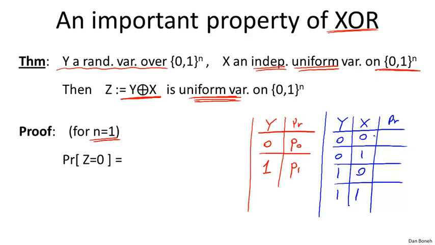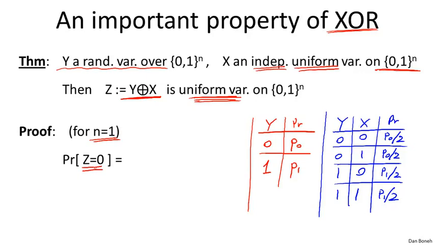So the probability that we get 0, 0 is exactly p0 over 2. Similarly, for 0, 1, we'll get p0 over 2. For 1, 0, we'll get p1 over 2. And for 1, 1, the probability that y is equal to 1 and x is equal to 1 is p1 times the probability that x is equal to 1, which is 1/2. So it's p1 over 2. Those are the 4 probabilities for the various options for x and y. So now let's analyze what is the probability that z is equal to 0.